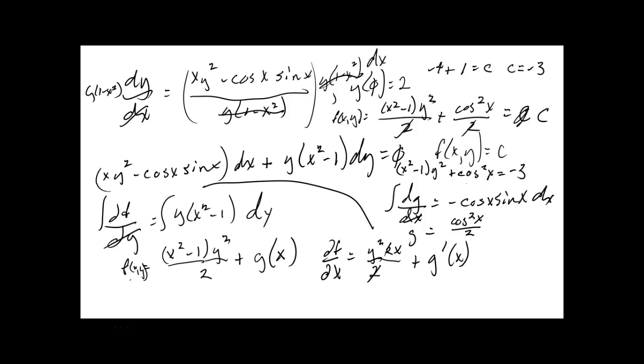Oh, because of the initial condition, of course. Okay. All right. So that isn't quite the end of it. Okay. This is how you do exact differential equations, even when they look really, really bizarre.